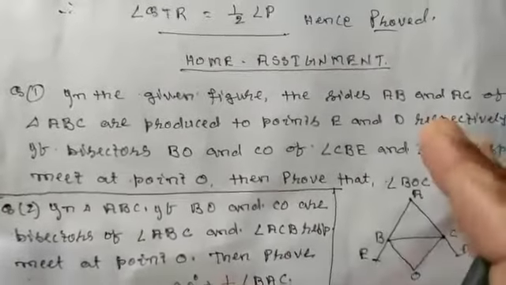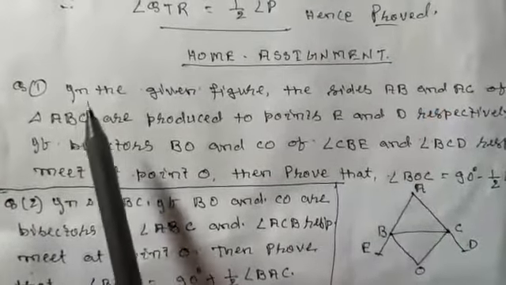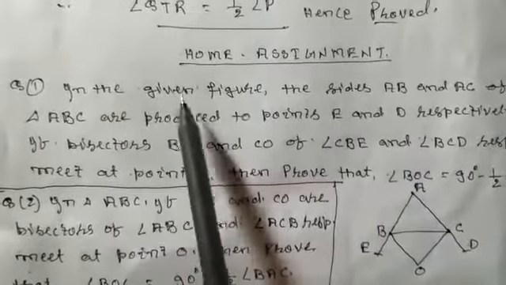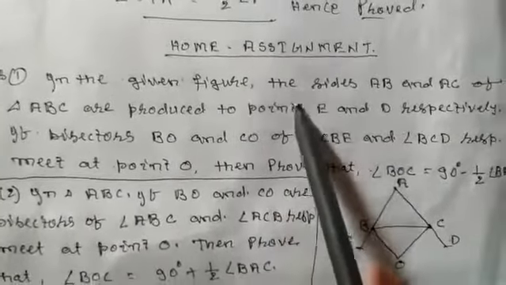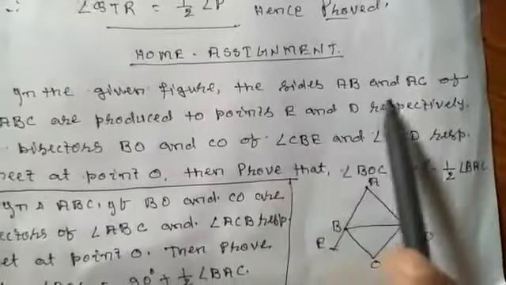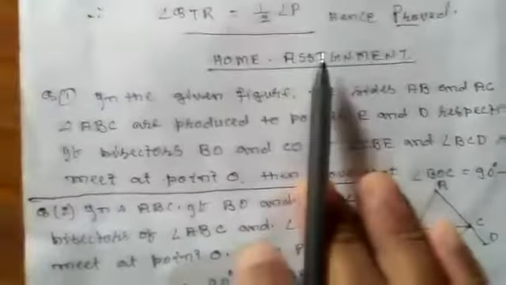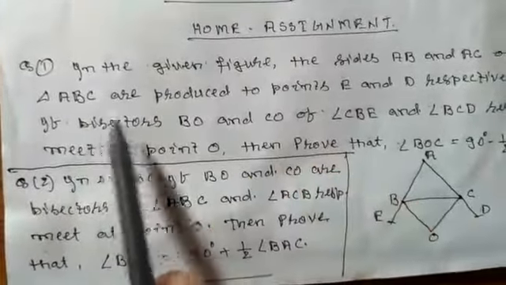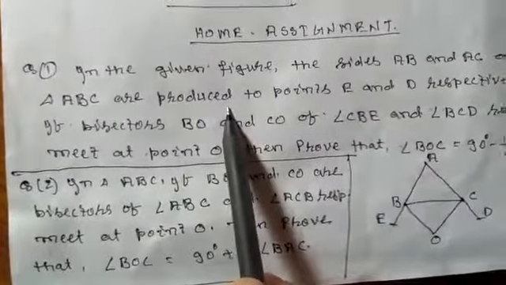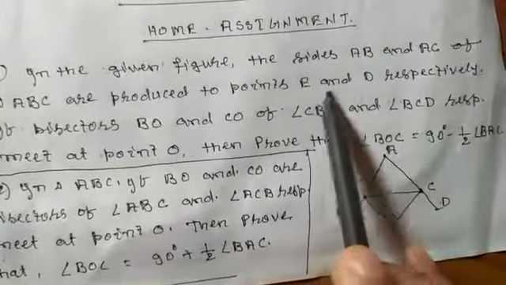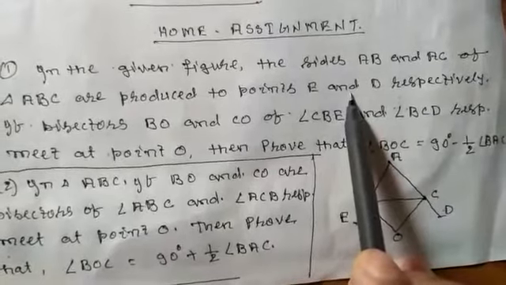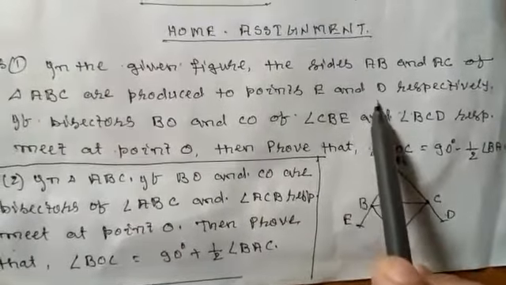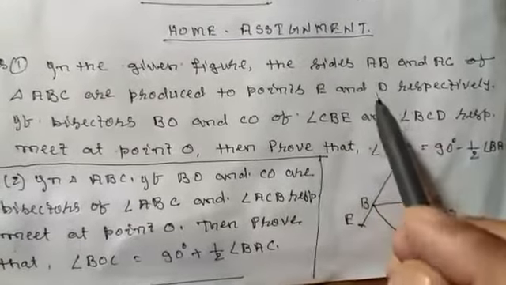So your first question is: in the given figure, the sides AB and AC of triangle ABC are produced to points E and D respectively.